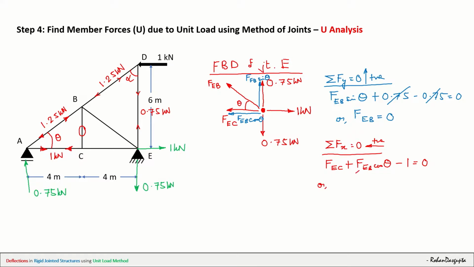Since the FEB term is 0, FEC is equal to 1 kilonewton. Since this is positive, it will be tensile in nature. So quickly let me write this. FEB we are getting as 0, and FEC is tensile, equal to 1 kilonewton. So this ends our U analysis.